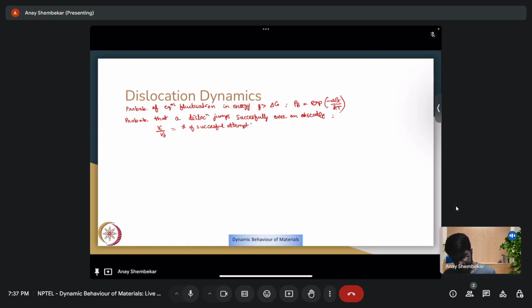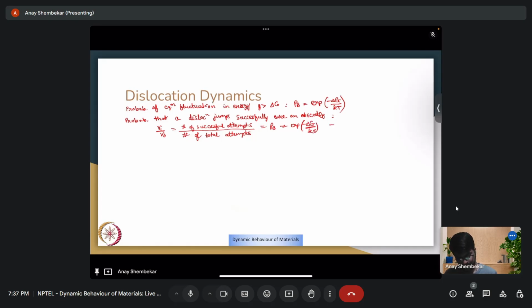We can write it per unit time, so that basically makes it frequency upon number of total attempts, times P_b, which is exponent of minus delta G by kT.